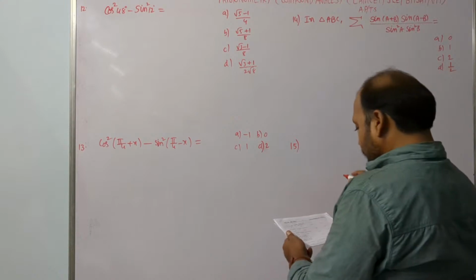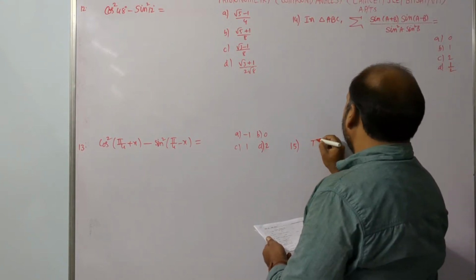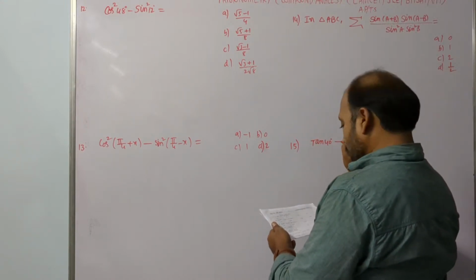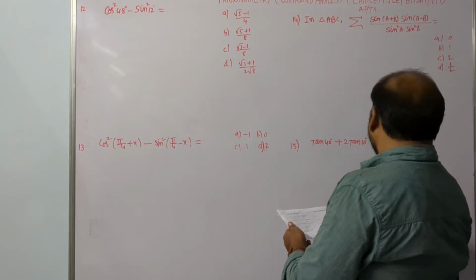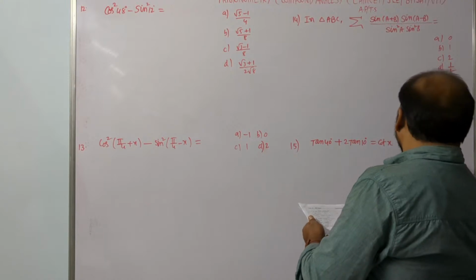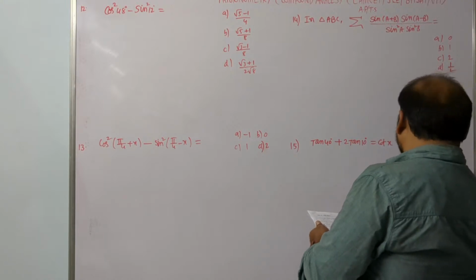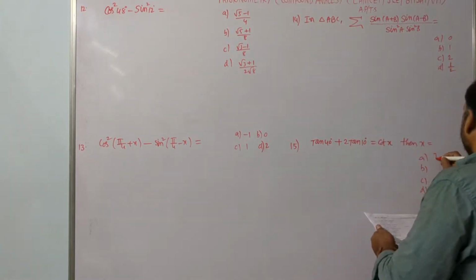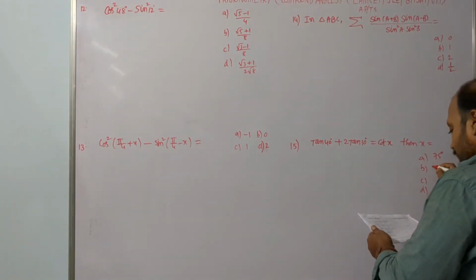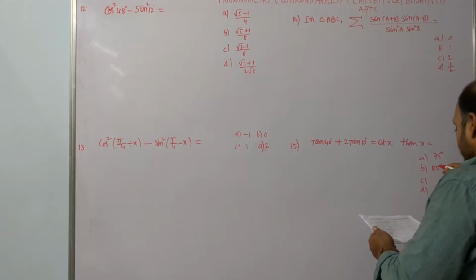Question number 15. Tan 14 plus 2 tan 10 degrees is equal to cot x. Then x equal to, options 75, 85, 30, 40.